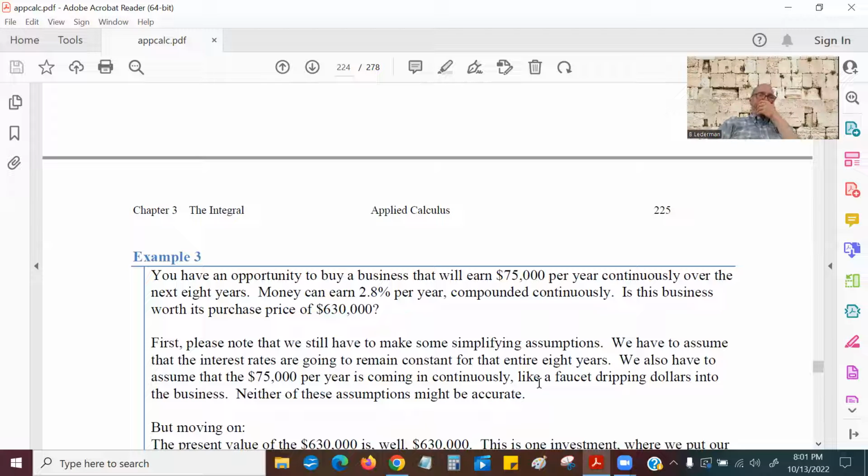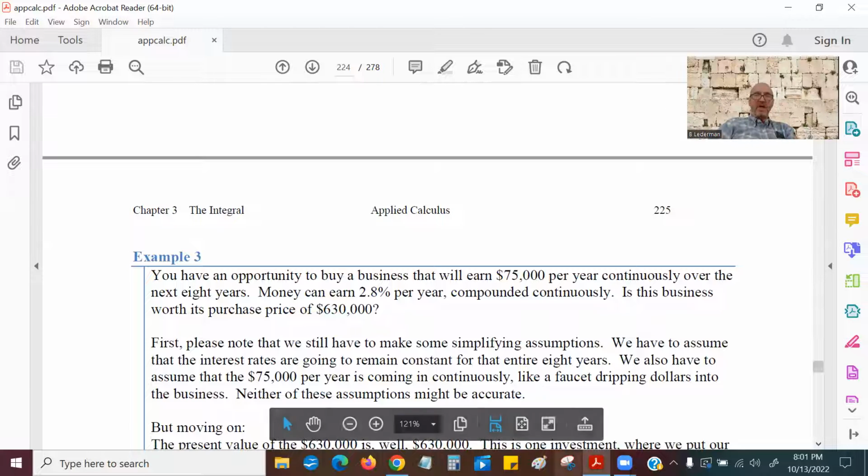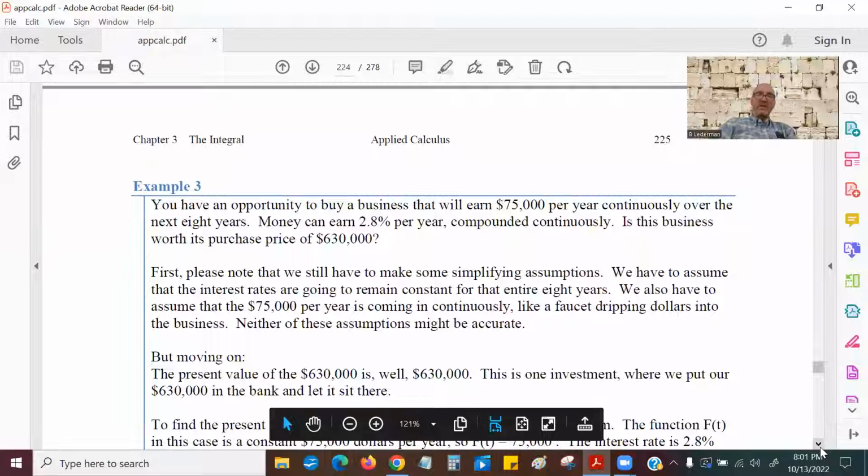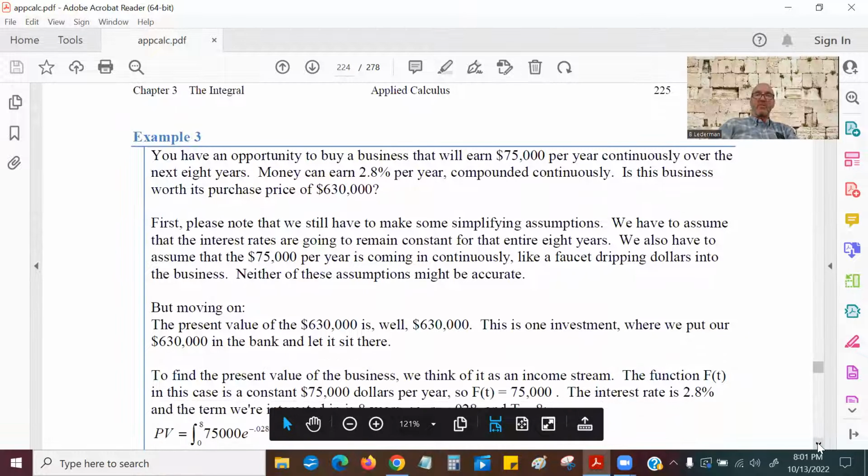Okay, so the present value of the 630 is, well, 630. This is one investment where we put our 630 in the bank and let it sit there. Now, to find the present value of the business, we think of it as an income stream.